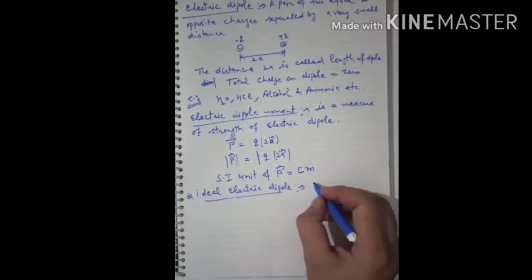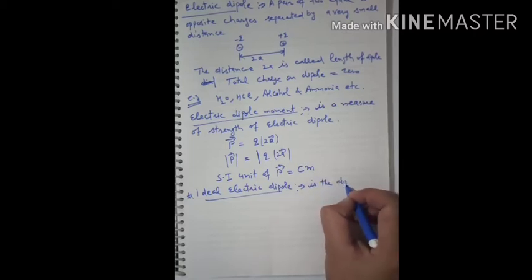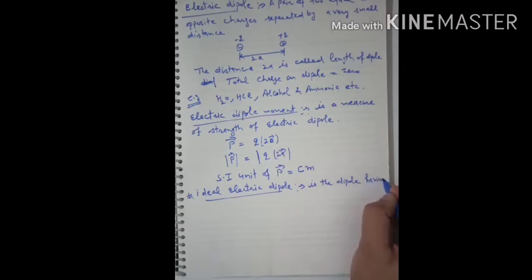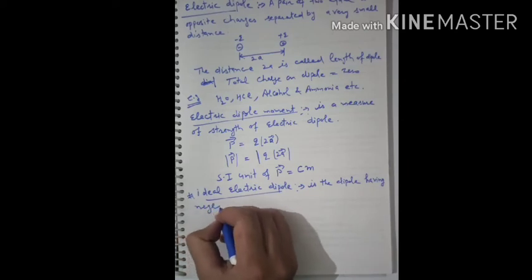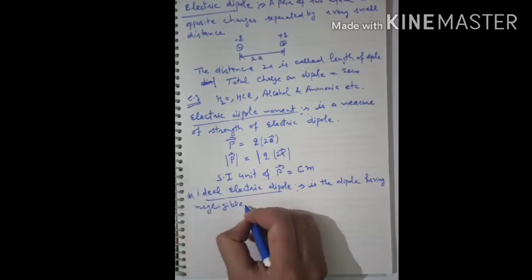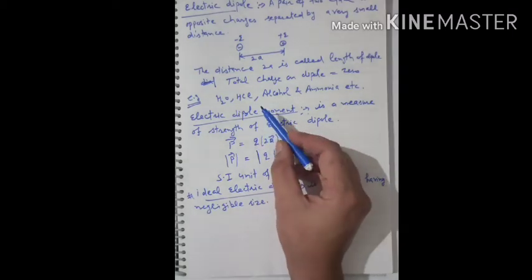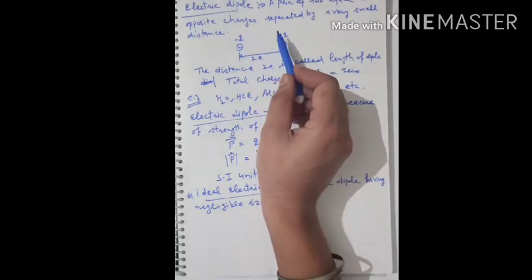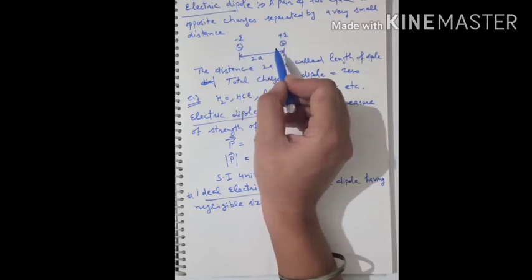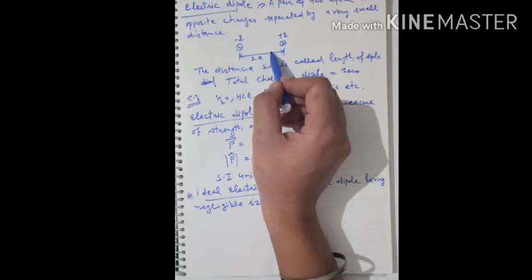It means that in the electric dipole, if the charge becomes very large and approaches infinity, then the distance between the two charges, 2a, becomes very small and approaches 0.